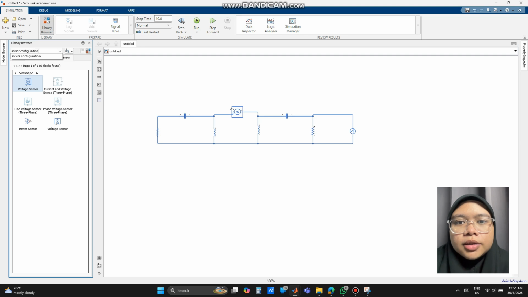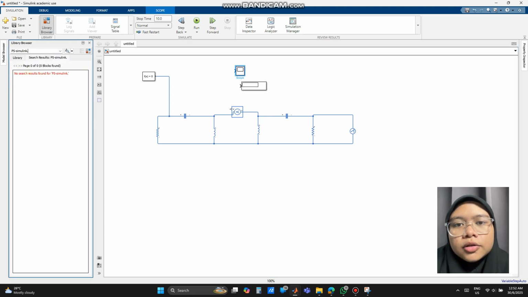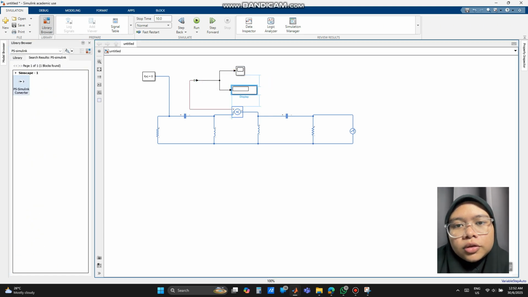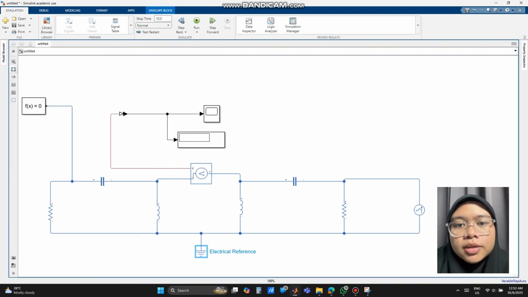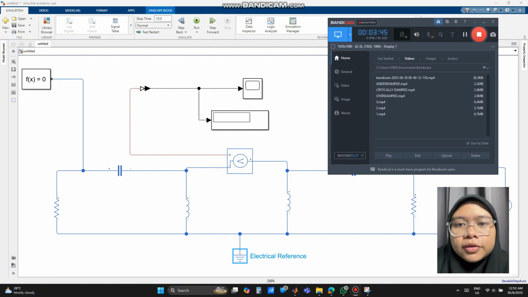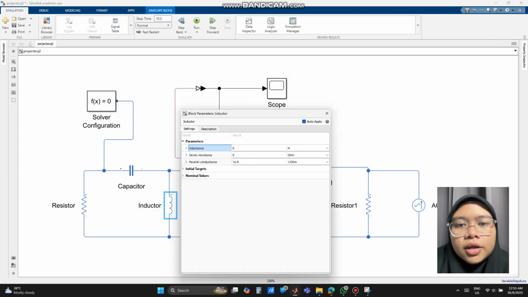The simulation used an AC current source with a sine wave, and I measured the voltage at a specific node using a voltage sensor. I set the simulation stop time to 1 cycle based on the frequency of the source. The results show a voltage at the selected node.